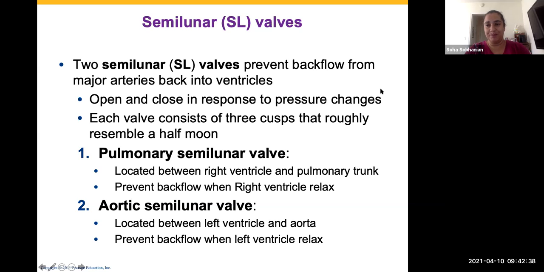Take a moment. Anybody? What's the blood vessel that comes off of the right ventricle? Please don't tell me you forgot everything because we took a 15-minute break. I'm not giving you guys the answer.